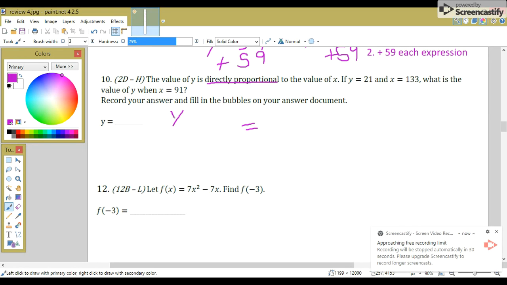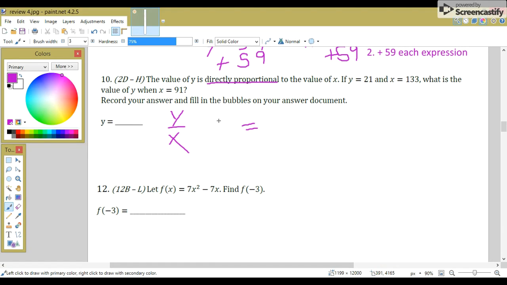So we have y over x. So we have 21 over 133 equals y over 91. We're going to cross multiply.